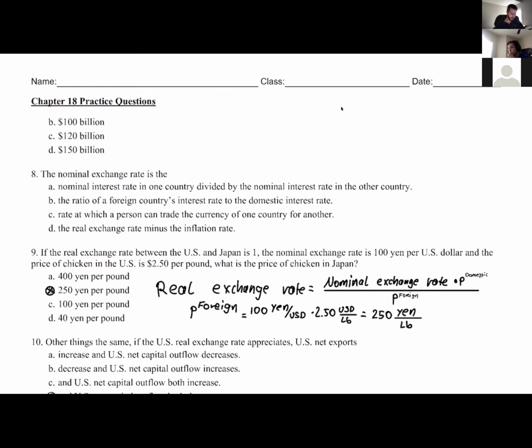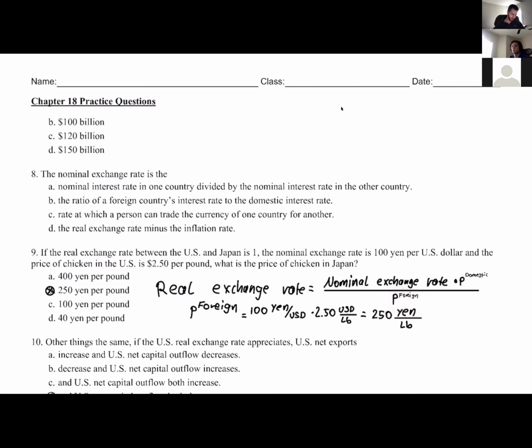Here is the formula: real exchange rate equals nominal exchange rate times the domestic price divided by the foreign price. And you're basically just solving for the foreign price because they're asking you what's the price of chicken in Japan. All you do is multiply the foreign price times the real exchange rate.